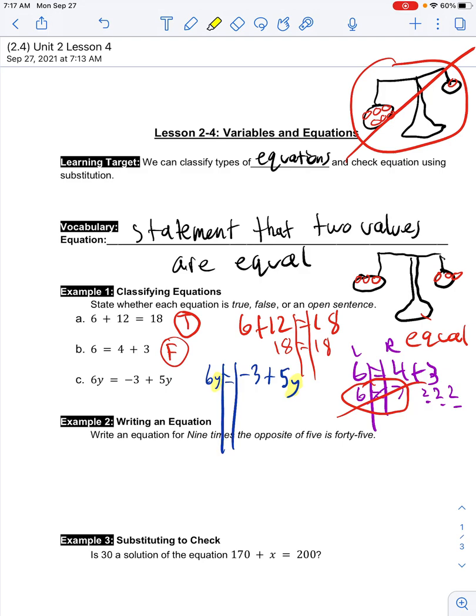If it said 6y equals 6y, we would say that's true. But it says 6y equals negative 3 plus 5y. So because I'm not exactly sure what that is, I have to label this an open sentence because I haven't quite solved it yet.